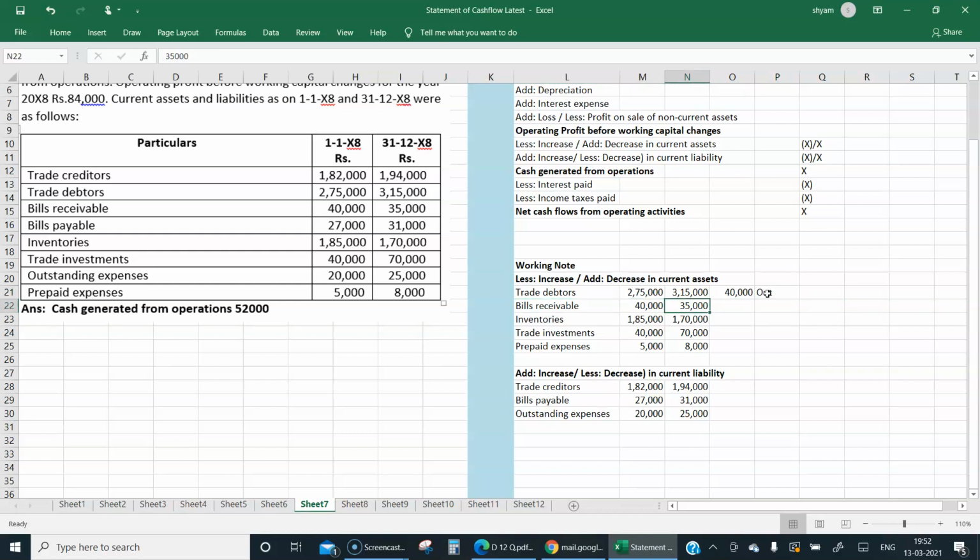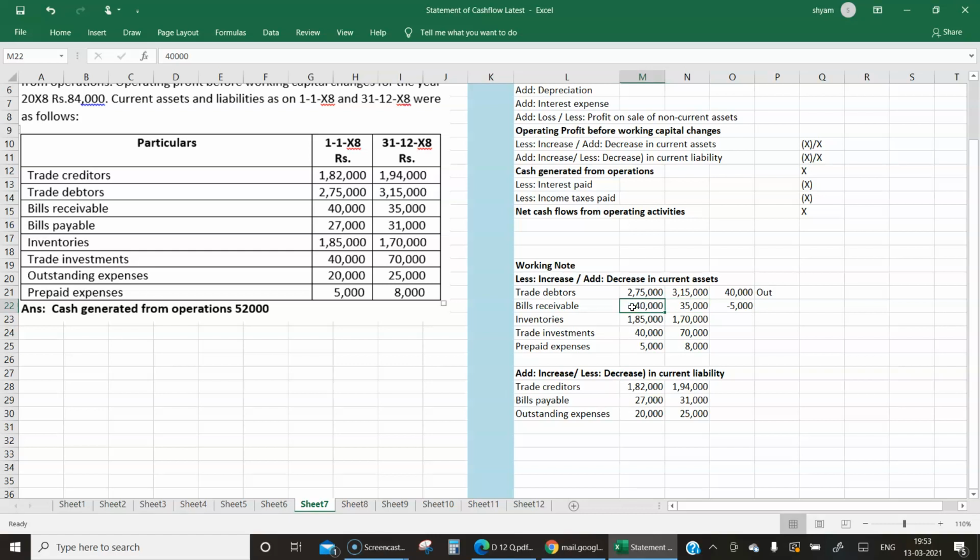The same way we have to get it for all the numbers. So let's get it. See here, when compared to the opening, our assets got reduced.